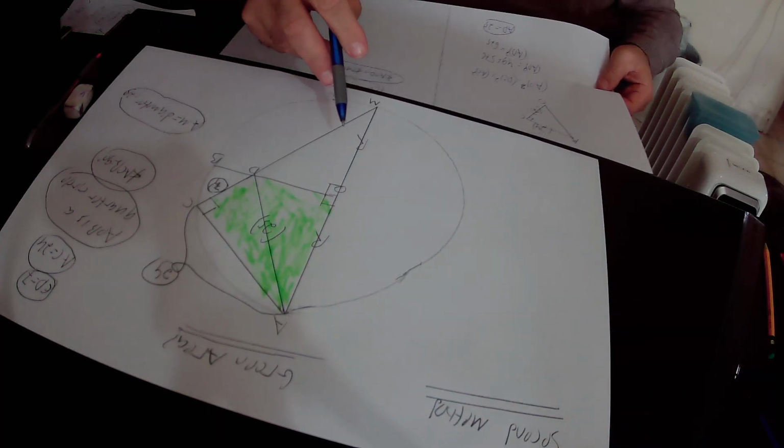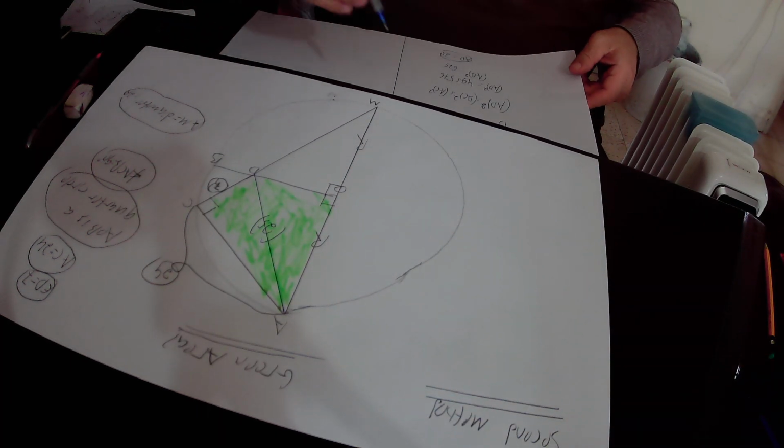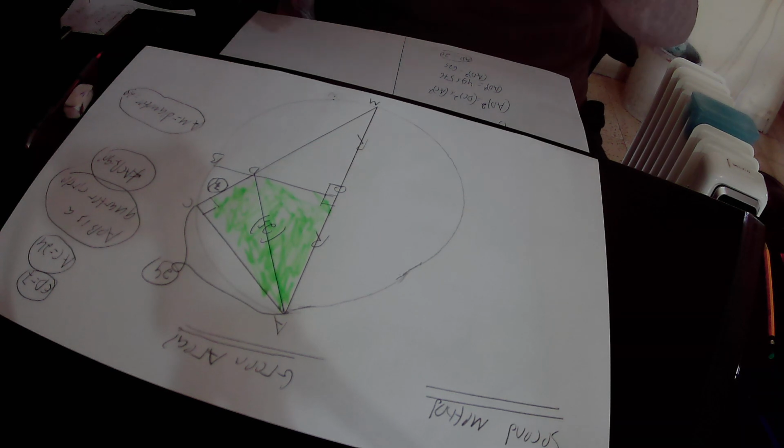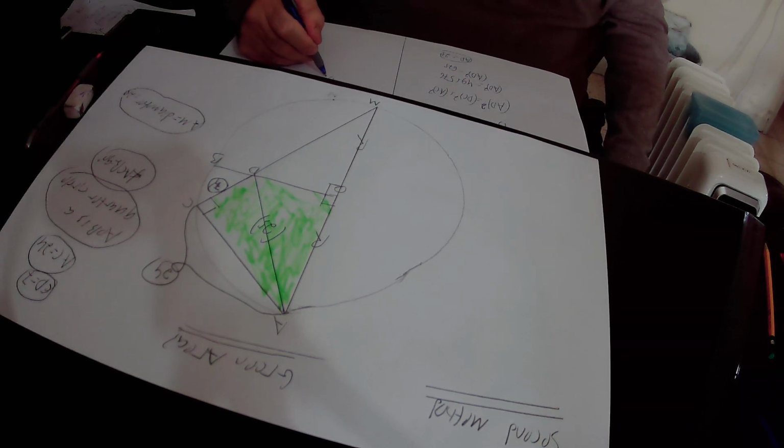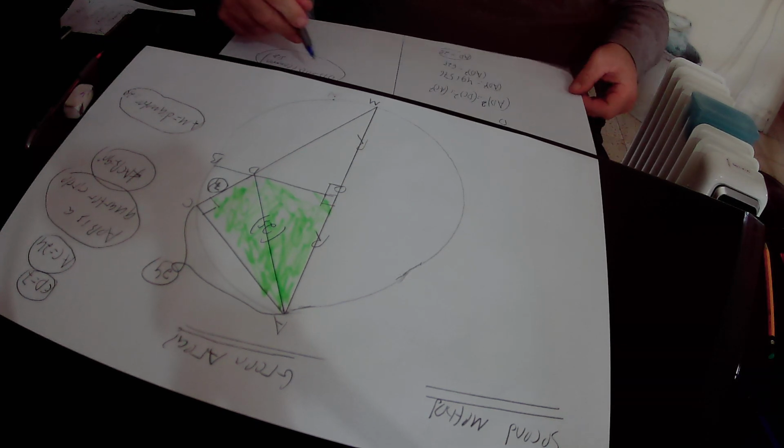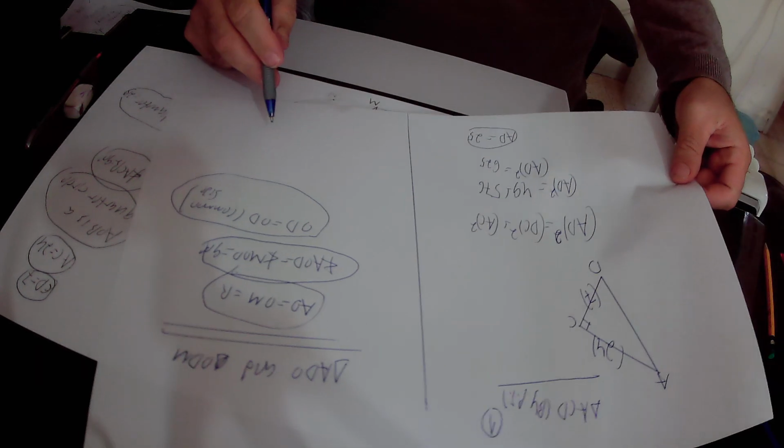And finally, side OD is a common side that belongs to both triangles, so OD equals OD. OD equals OD is a common side.